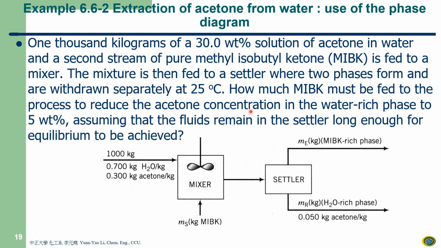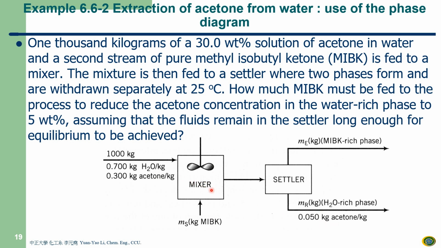The question is how much MIBK must be fed to the process to reduce the acetone concentration in the water-rich phase to 5%. If you look at this mixer, this is 30%, and you want to reduce it to 5%. How much MIBK do you need to feed to the mixer to get the extraction and let the settler have 5% here?